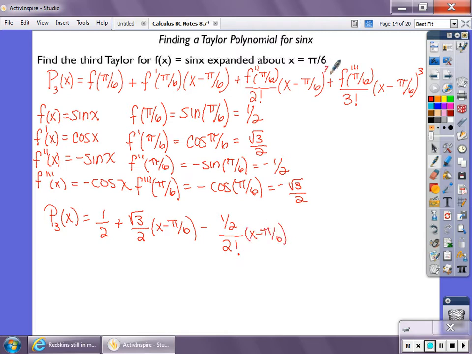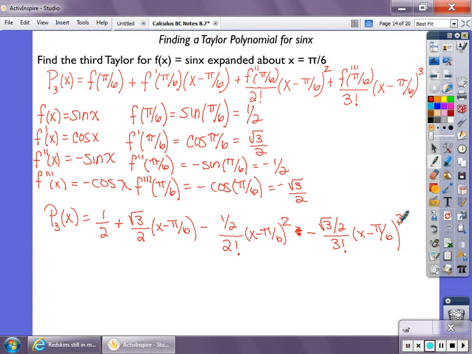This should be squared right here. It wasn't. This is squared. And then plus, it's going to be another minus, plus f triple prime, so that's going to be minus square root of 3 over 2 over 3 factorial times x minus pi over 6 raised to the third power.